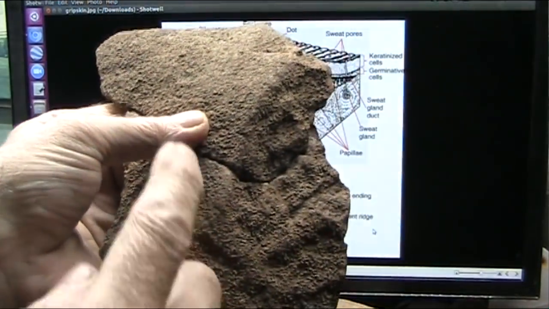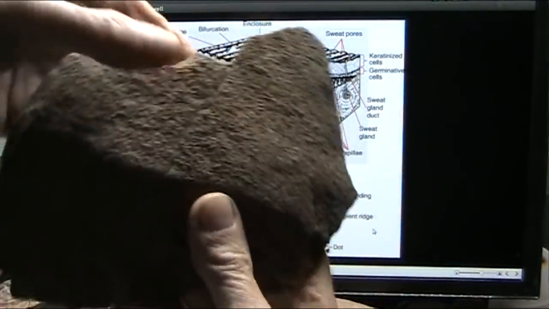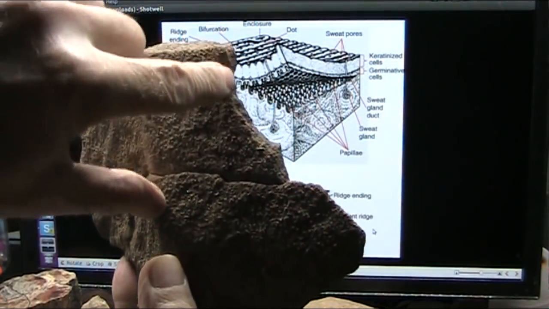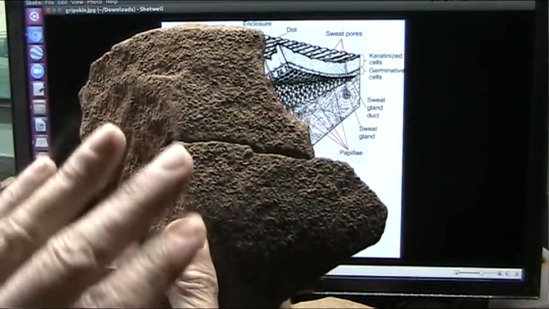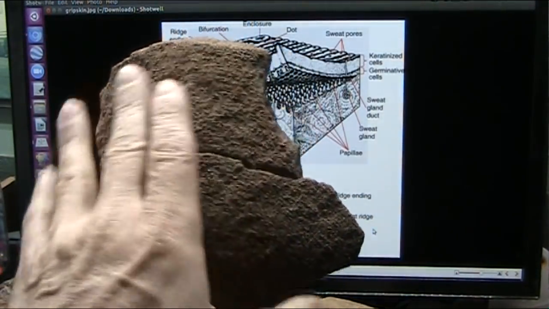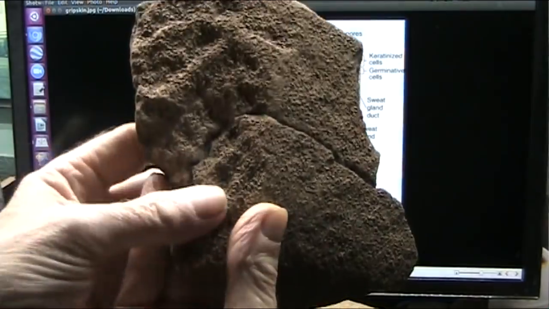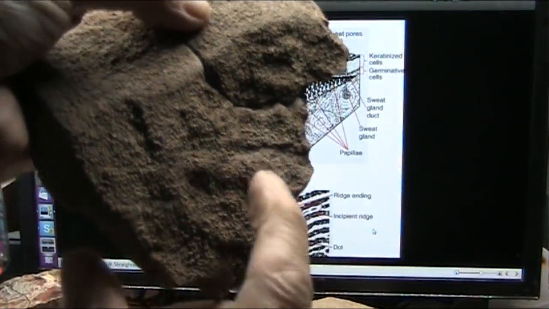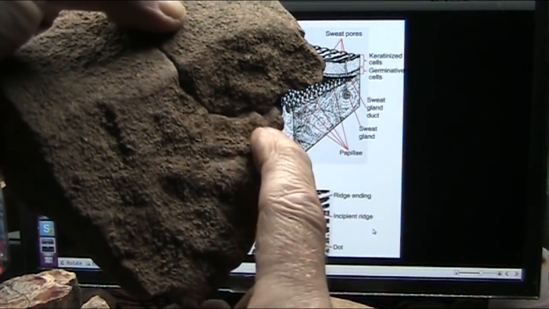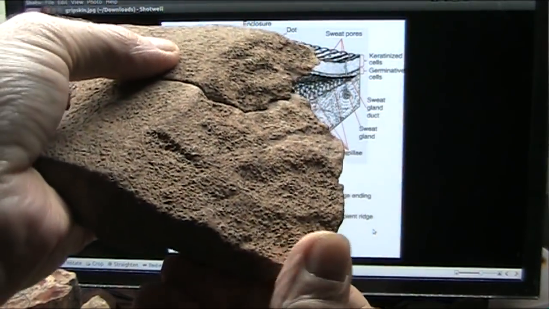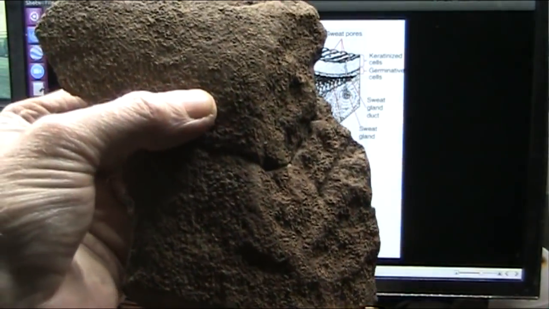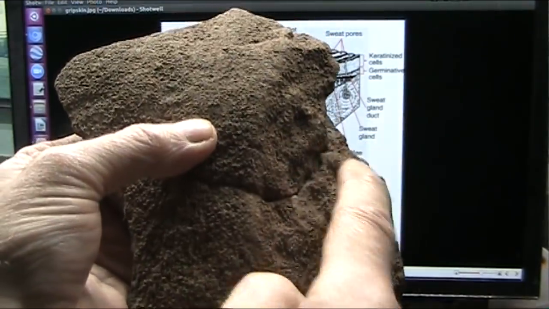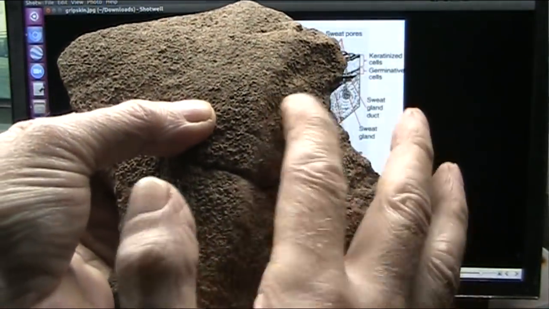Okay, this little edge right here was where the fingertip was, the fingernail. It was right there, and I broke it away, and then it starts to go into the fingerprint pattern. You see this? You see those stripes with the little dots? That's your fingerprints, or not yours, but you see dot, dot, dot, stripe, stripe, stripe.